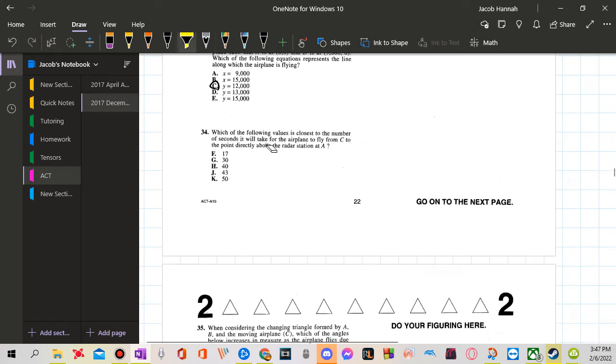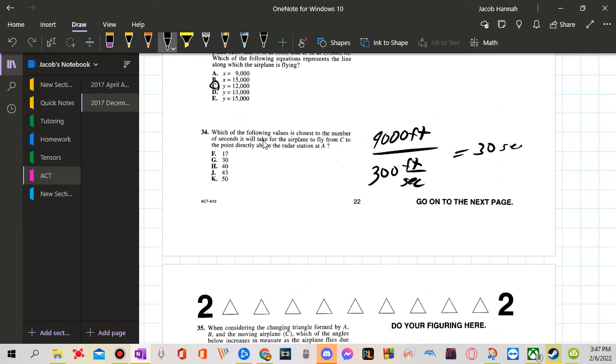So you do 9,000 feet divided by 300 feet per second. So 9,000 divided by 300 is 30 seconds, because the feet cancel out. And the answer is G.